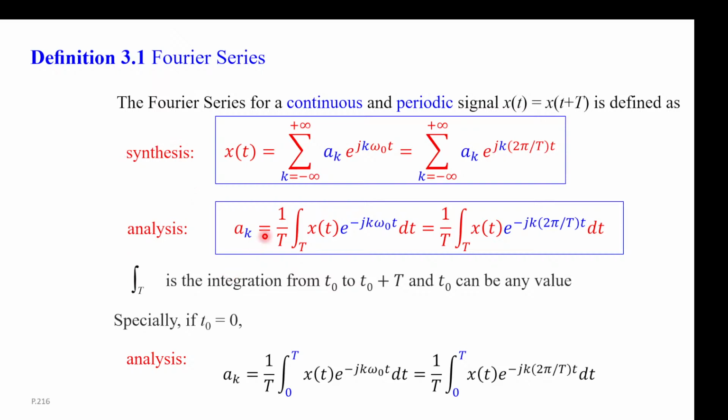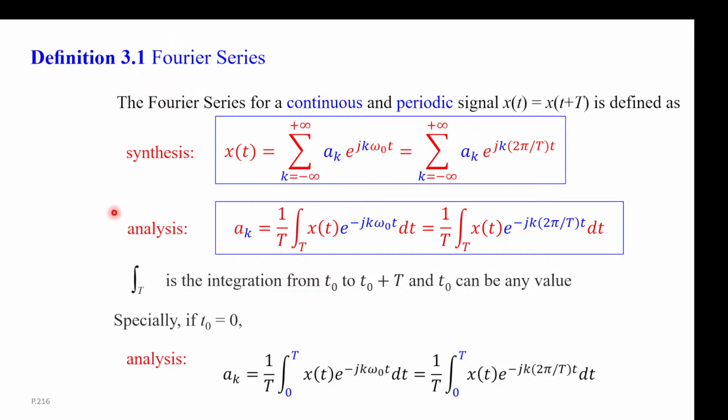We are saying for any continuous and periodic signal, we can write this periodic signal as a sum of harmonic complex exponentials e to the jk omega naught t, where omega naught is related to the fundamental period T of your signal, so omega naught equals 2 pi divided by T. And you are writing your x of t as a linear combination of those e to the jk omega naught t, with different ak.